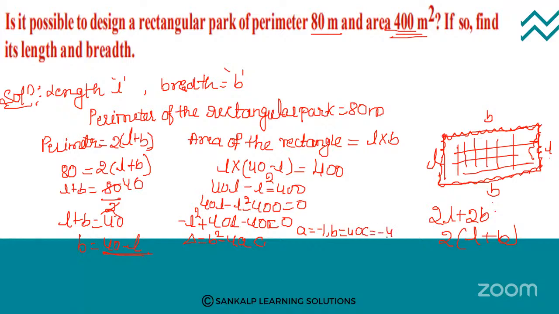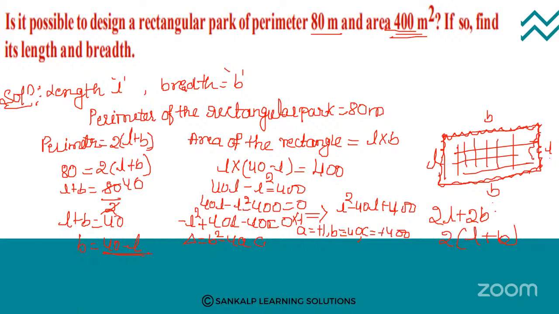First let us make this positive. If you multiply by minus 1, it will be L square minus 40L plus 400. A value will be plus 1, B value will be minus 40, and C value will be plus 400.